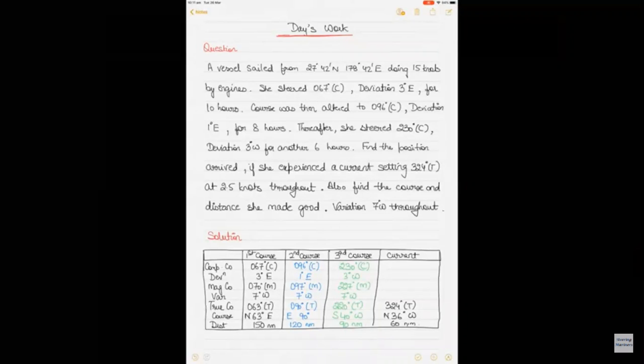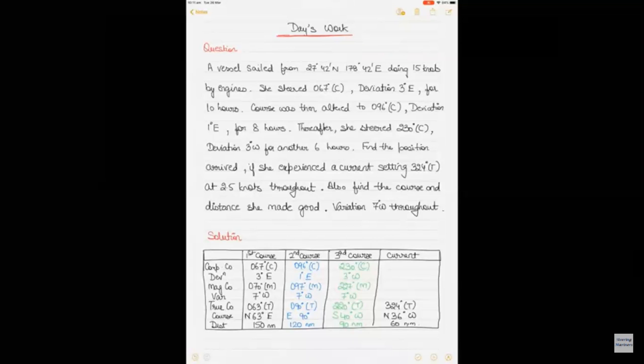So there are two ways. One way is using the traverse tables, Norie's tables, and the other is from your formulas and scientific calculation. Today we will see how to do it with scientific calculations, so that you don't need to carry these heavy books.